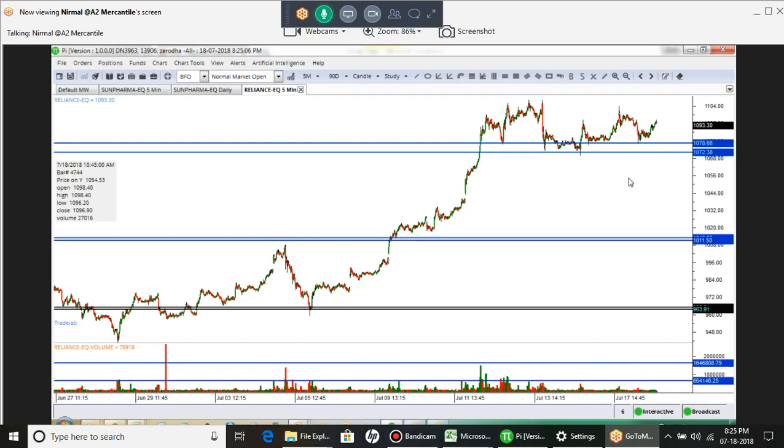What is the Nifty trend? Nifty is bullish, right? Bullish. Okay. Nifty bullish, energy bullish. Which side should Reliance go? Up, bullish, because Nifty is bullish, sector is bullish, so stock should be bullish as well.